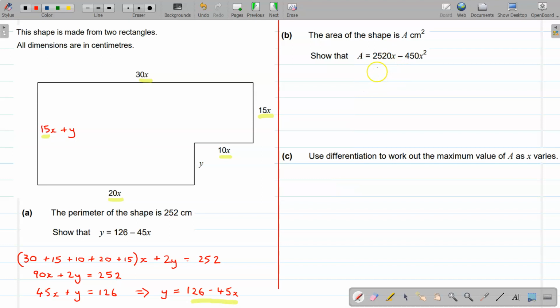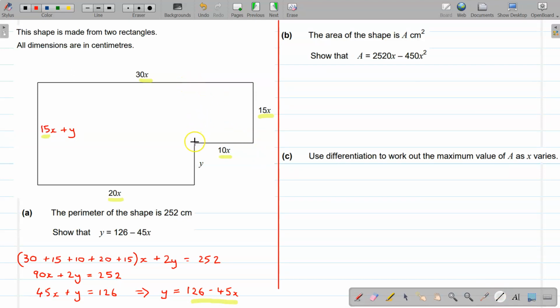Okay, this one here, show that the area is that. So again, it's a show that question. You've got to have all the steps in place to get that answer. So we're going to have to put some careful algebra down here. Now, I've decided that the simplest way of doing this is to use these two rectangles here.